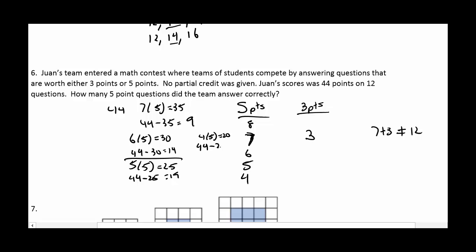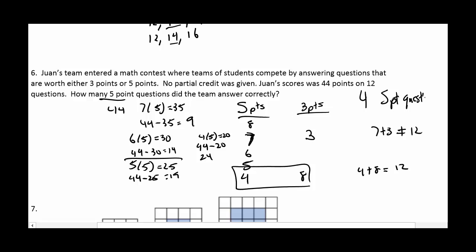Then 44 minus 20 is 24. Aha! So 24 means I have to answer 8 3-point questions. And 4 plus 8 is actually 12. Yay! All right, so there's our winning combination. Again, the question is how many 5-point questions are there? So there are 4 5-point questions.